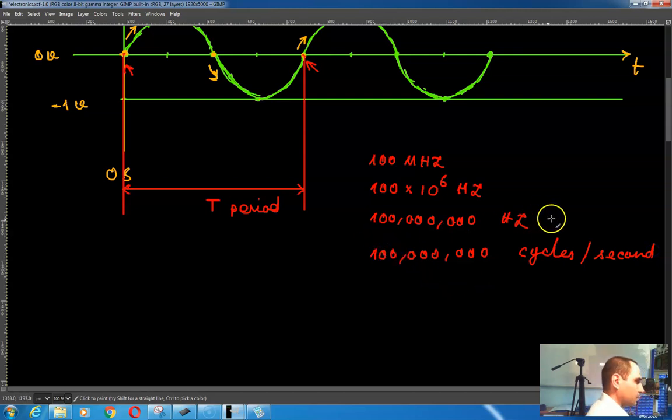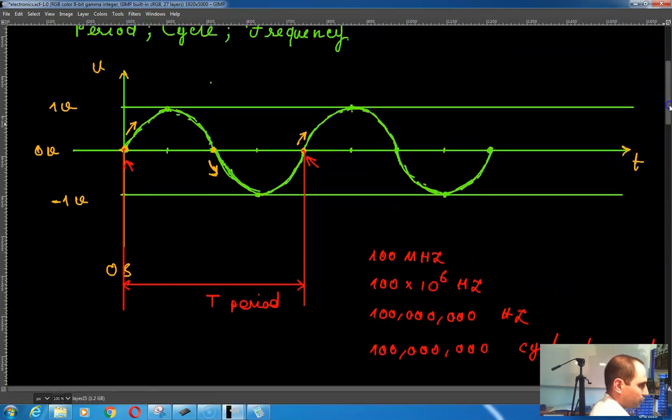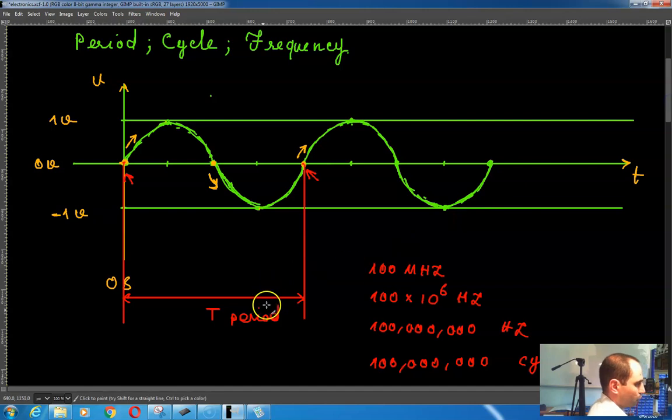So in order to calculate your frequency, all you need to do is take the reciprocal of your period, right?